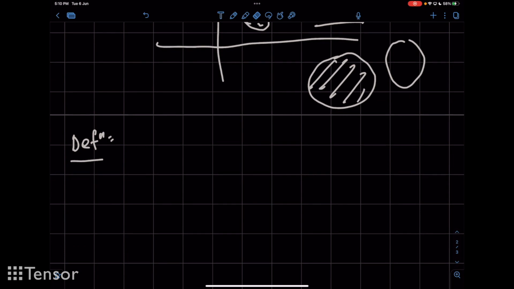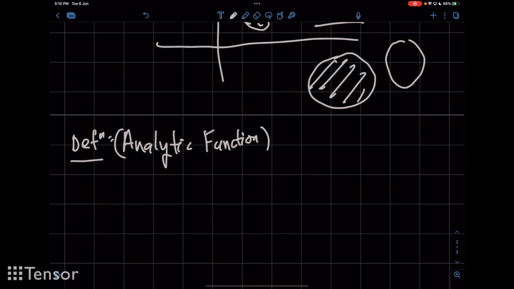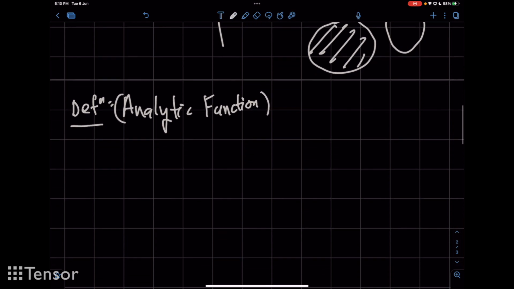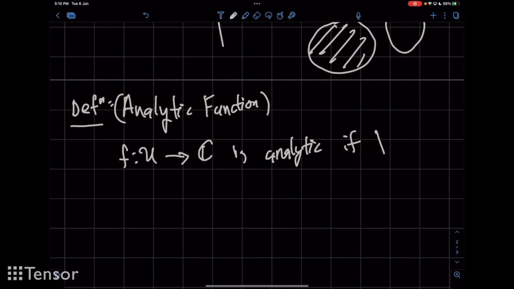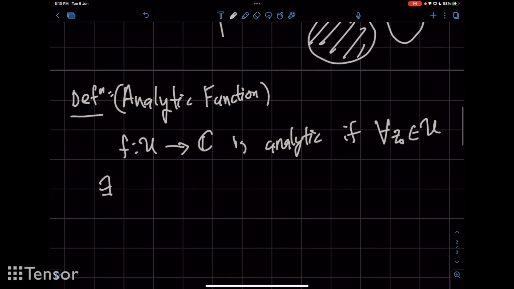All right, now, what is an analytic function? We shall call a function analytic if for all points in the domain there exists an open ball.